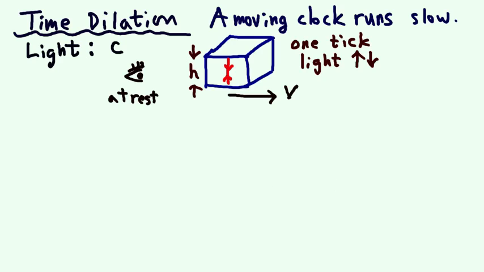So now let's describe this one tick event from two reference frames. So first, let's do the simple one first. First, the moving clock reference frame.